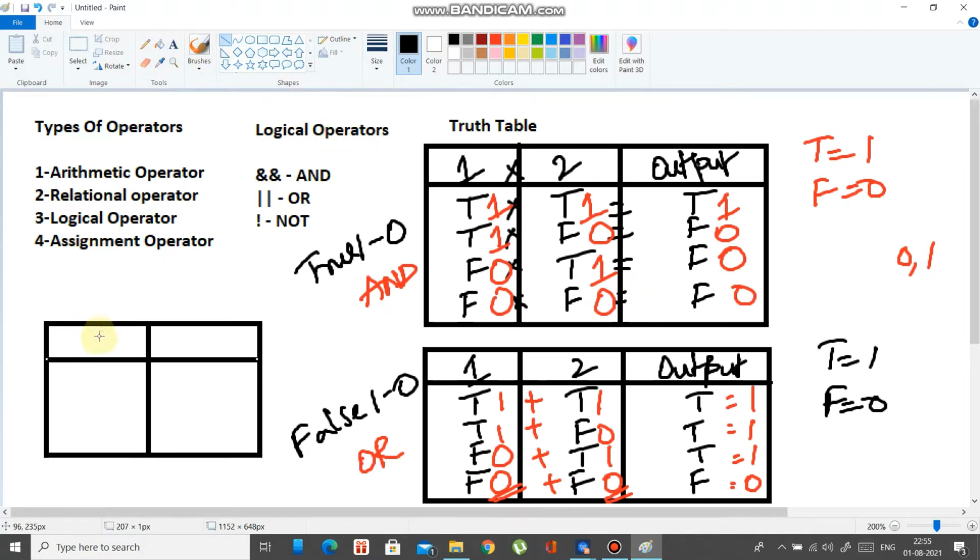Like here, A, B. If A is the input and it's true, then the output will be false. If the input is false, then the output will be true. Input, output. If A is 1, then B is 0.